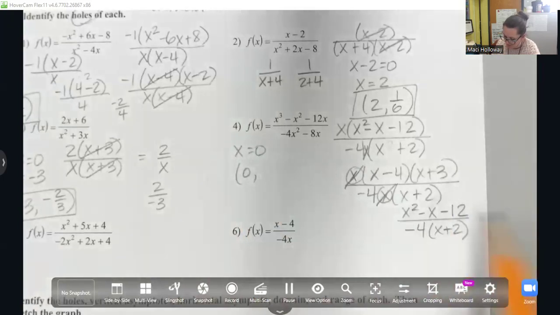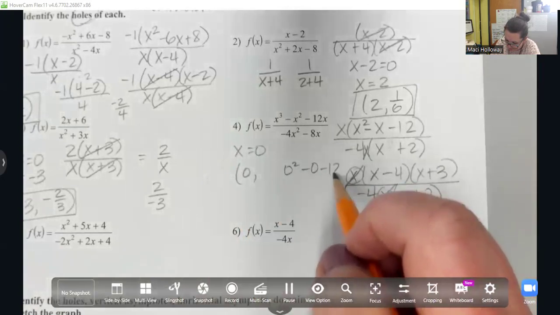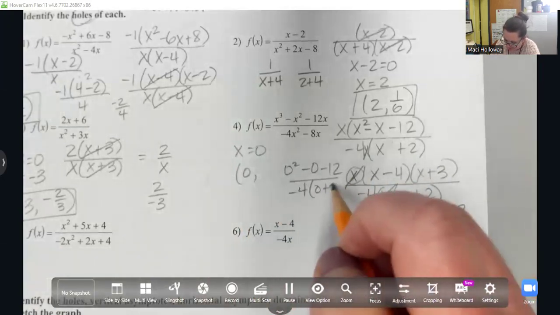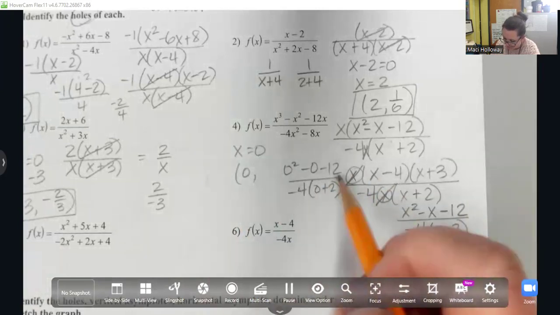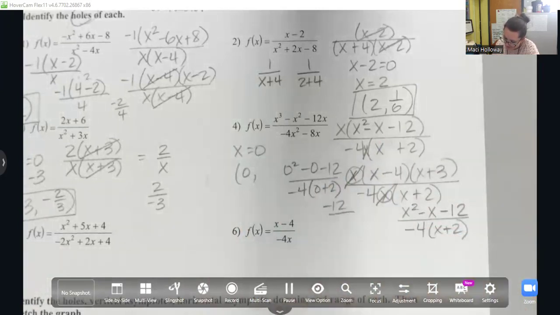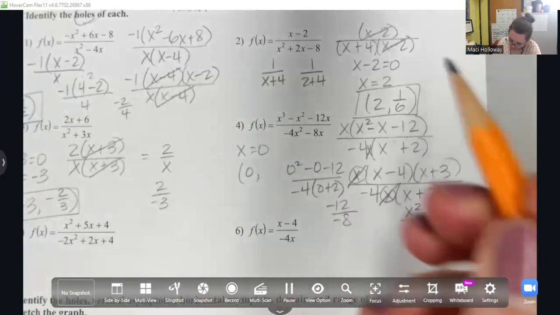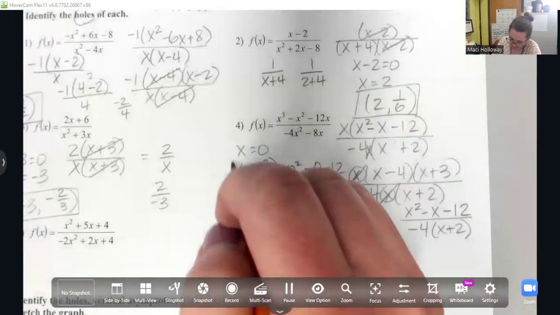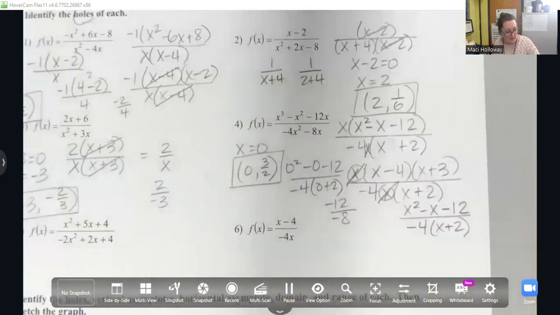And then plug it back into your simplified form. 0 squared minus 0 minus 12 over -4 times 0 plus 2. So we have -12 over -8. So that would be a positive 6/4. Positive 3/2. The hole is (0, 3/2).